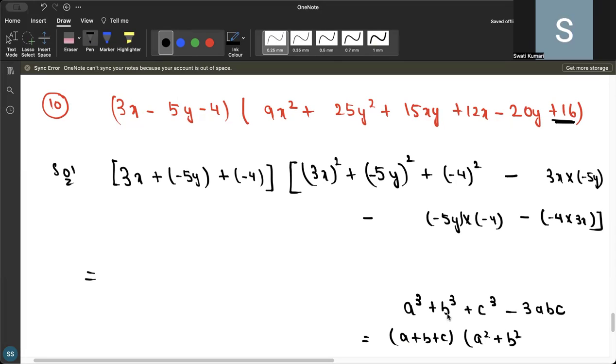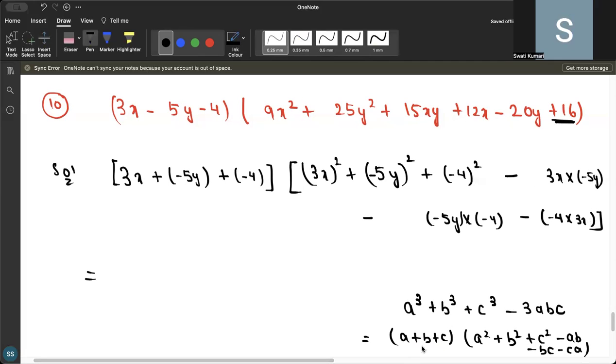Focus on this formula now. A cube plus b cube plus c cube minus 3abc has a formula which is called a plus b plus c into a square plus b square plus c square minus ab minus bc minus ca.